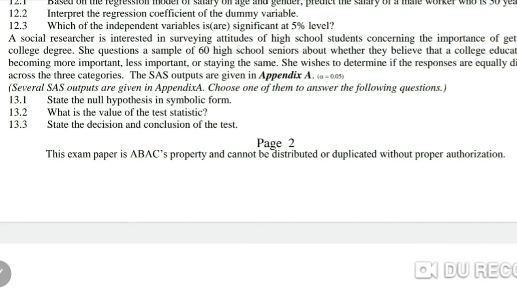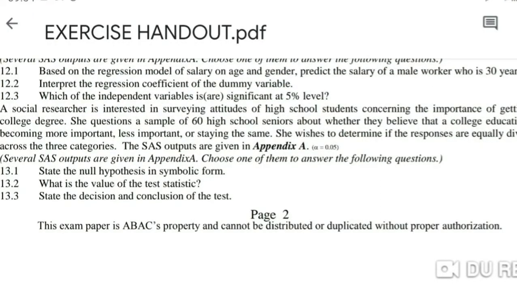Nominal measurement. The variable is attitude or opinion. One variable, nominal measurement, and the question is if the responses are equally divided across the 3 categories.